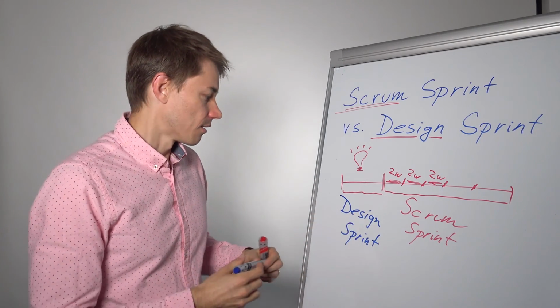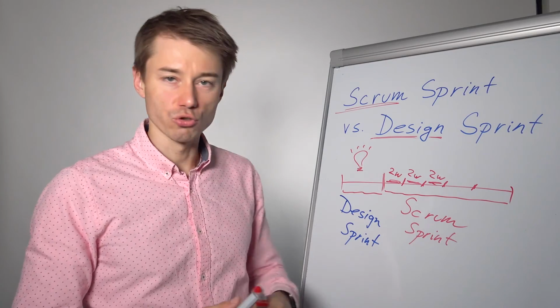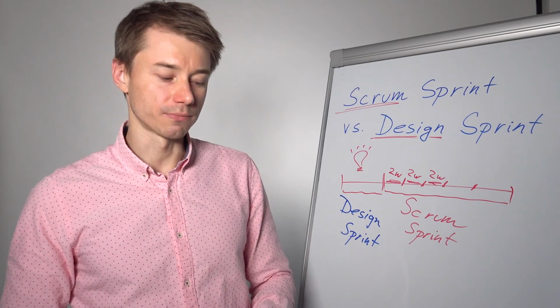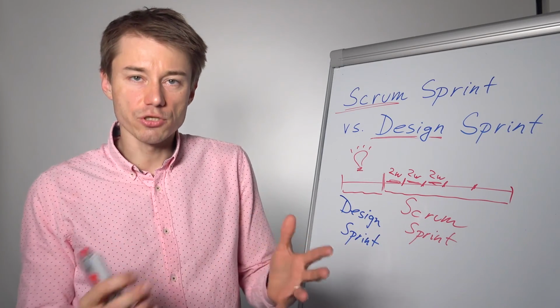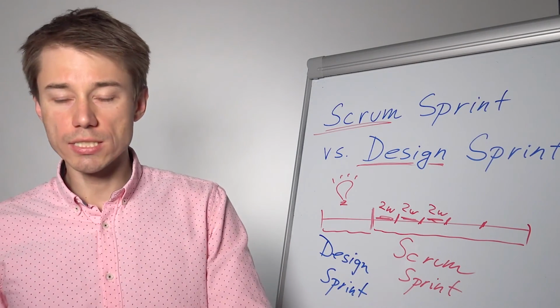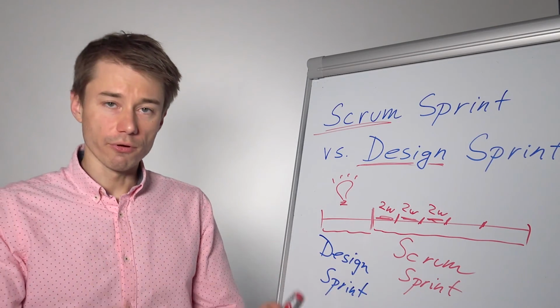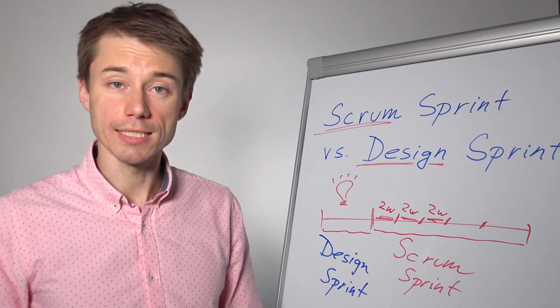So on Monday, the team should map the problem. On Tuesday, the team should sketch a few solutions. Then on Wednesday, decide which solution to go for. The 4th day was for me the most exciting day.